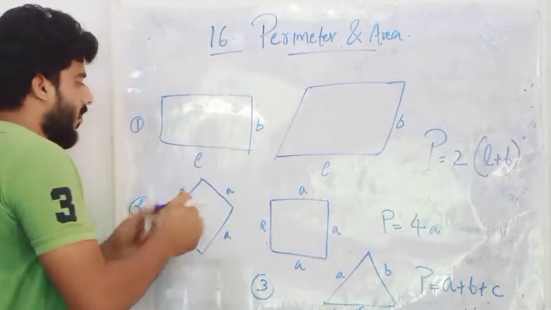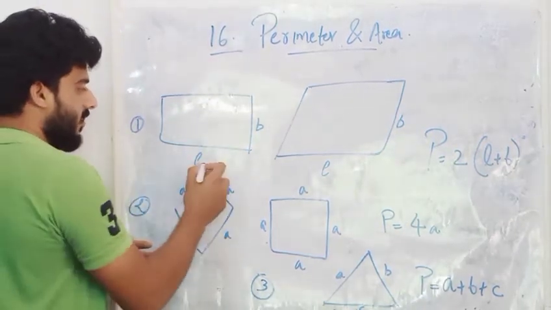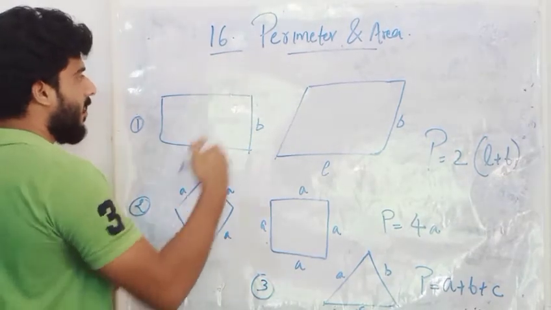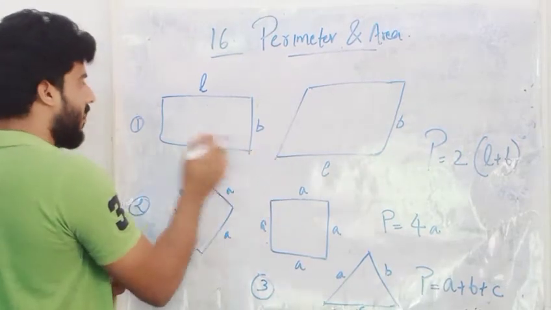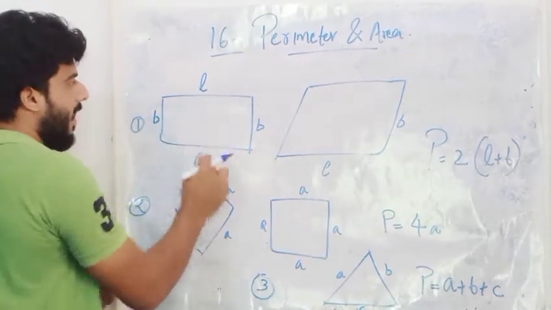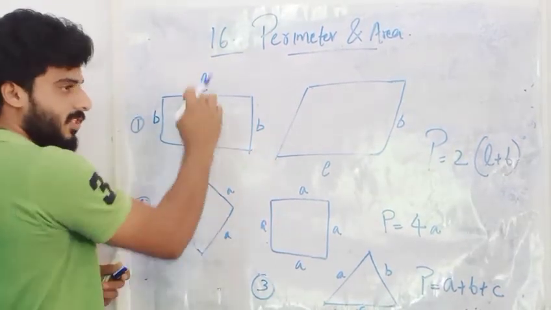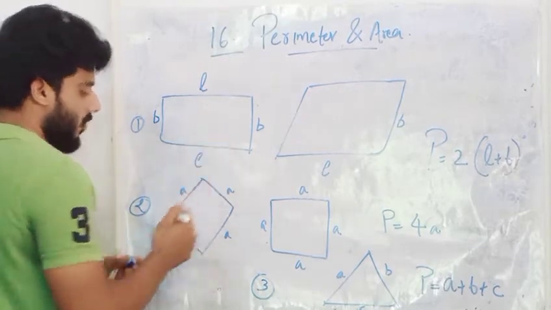In the rectangle, this side is length and this side is also length, and this part is breadth and this side is also breadth. This L and L will be equal, which means opposite sides will be equal, and this B and B also will be equal.